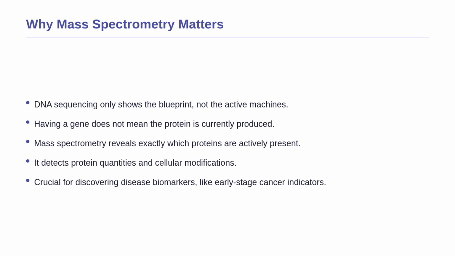Mass spectrometry is crucial because it tells us exactly which proteins are actively present, in what quantities, and if they have been modified by the cell. In the real world, this technique is used every day to discover new disease biomarkers, such as finding specific proteins in a blood test that indicate early-stage cancer.